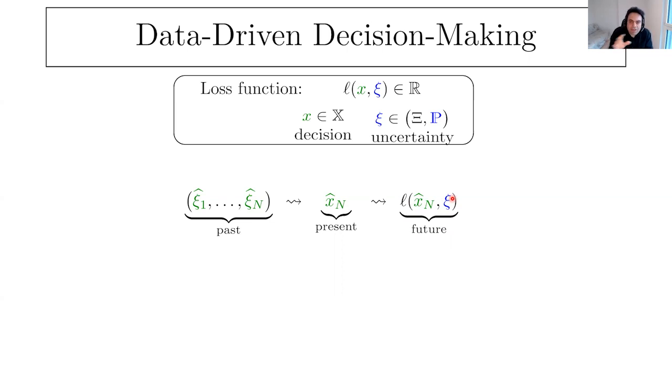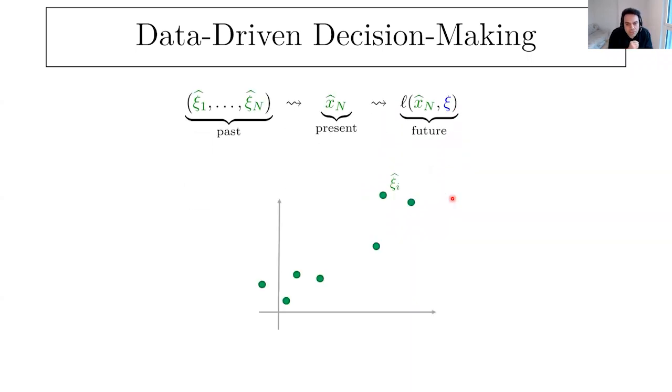Let me give you a very classical toy example to show the meaning of each of these objects. Think about a very typical curve fitting problem. It's a very old problem: we have a bunch of data points and we want to fit a curve to them. You can think of these data points as, in this particular example, 2-dimensional data. We want to fit a hyperplane to these data points.